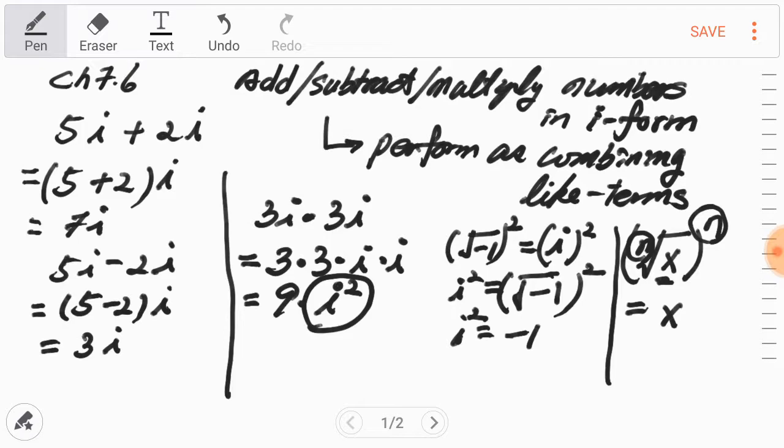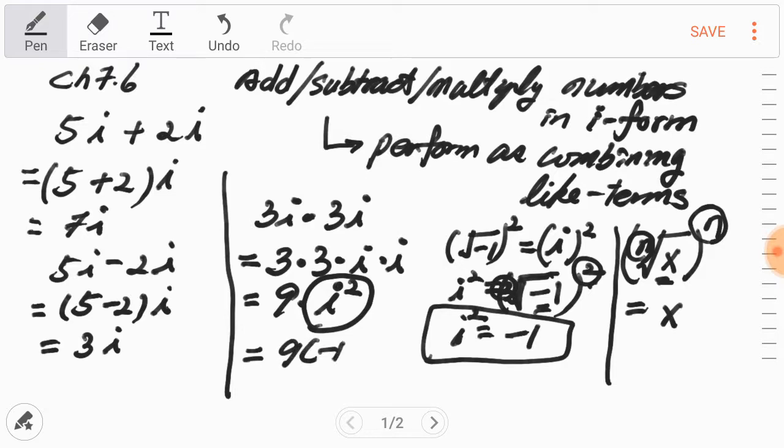So in this case, the power is 2 and this is a square root, so there is an index of 2. So this power can kill this square root, so that negative 1 can get out. So i squared is always negative 1. Don't forget, i squared is negative 1. So 9 times i squared is 9 times negative 1, which is equal to negative 9.